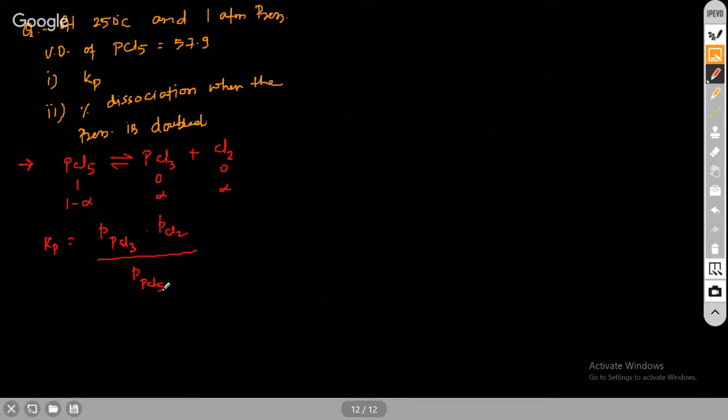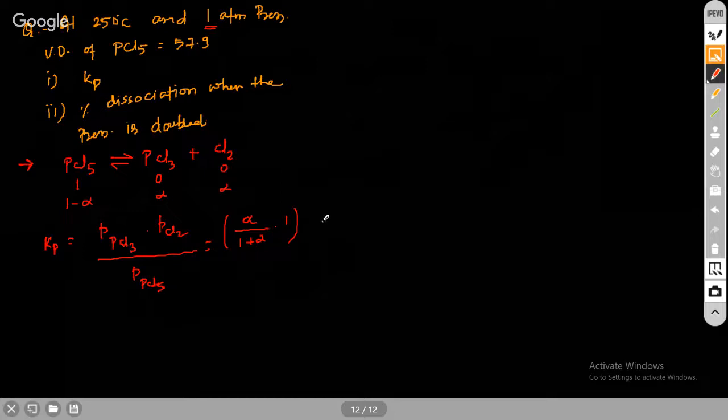Total pressure we know, and that is 1 atmosphere. So partial pressure of PCl3 is what? Mole fraction into total pressure. So mole fraction of PCl3 is alpha, the number of moles of PCl3, divided by total number of moles, which is 1 plus alpha, into 1, the total pressure.